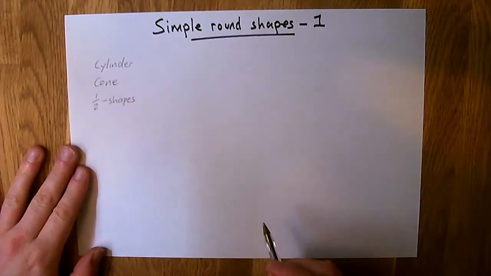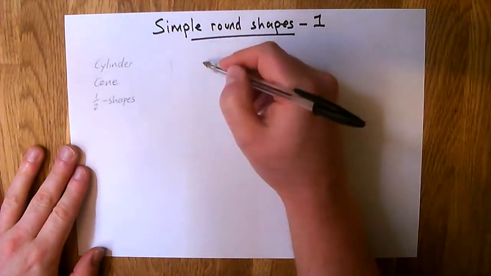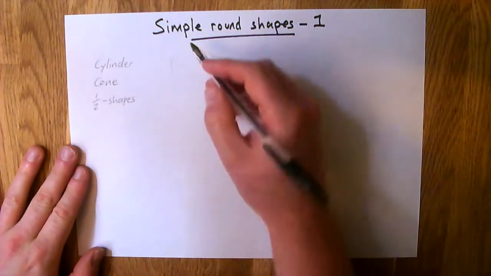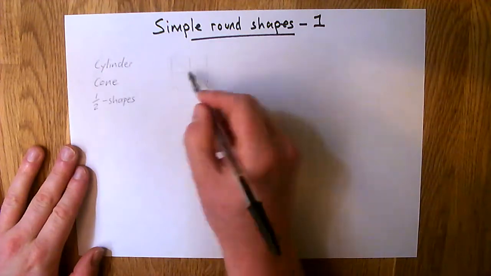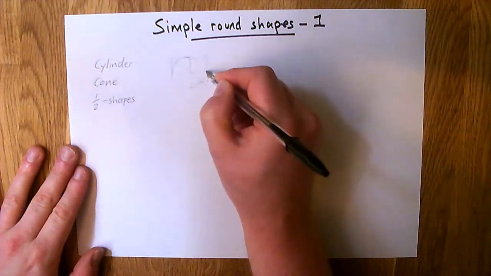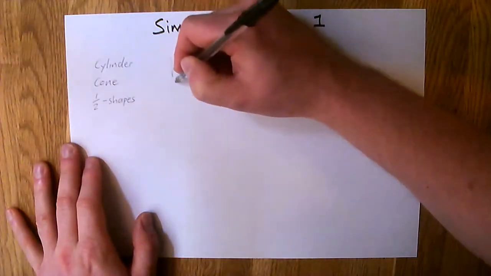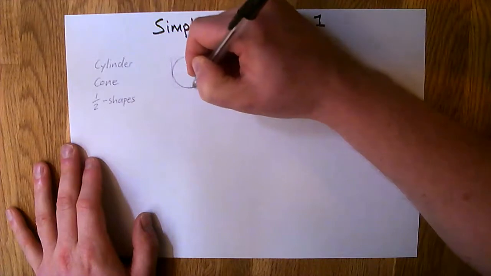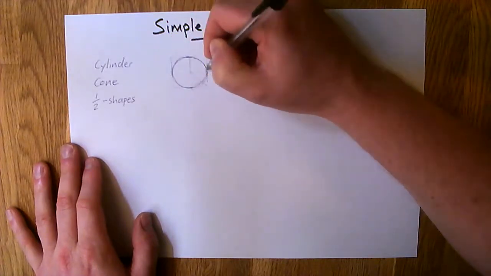So let's talk about the cylinder. We already know that a circle fits exactly inside a well-proportioned square. Covered that in a previous lesson. And we also touched on the construction of cylinders.